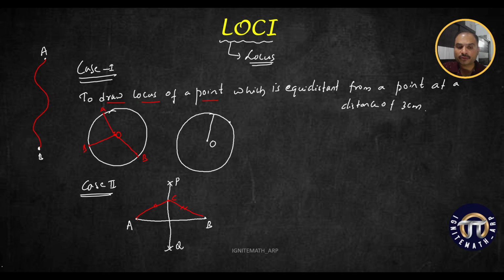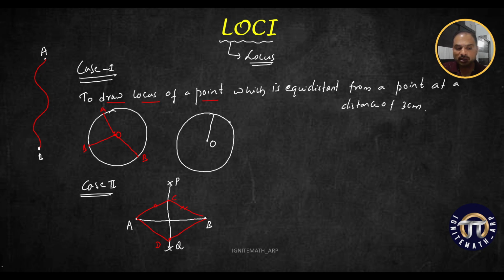So all the points on this perpendicular bisector PQ depict the locus of the points equidistant from A and B. Clear?